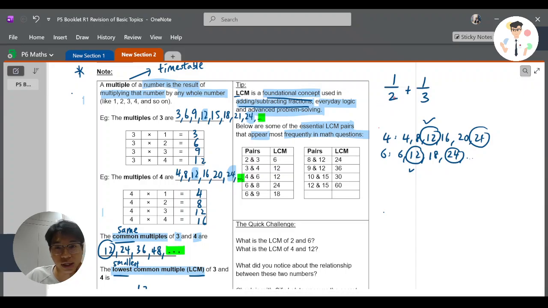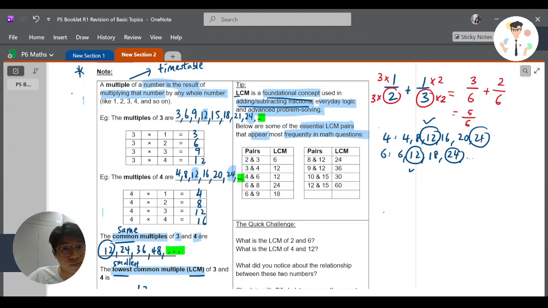Actually, the best way is to find the LCM of this number and this number. So what's the LCM of 2 and 3? 6. That's why I multiply by 3 here and multiply by 2 here. If I multiply by 3 here, I need to multiply by 3 here. If I multiply by 2 here, I need to multiply by 2 here. So it will give you 3 out of 6 plus 2 out of 6, and it will be 5 out of 6.